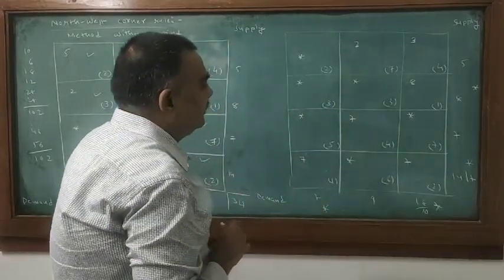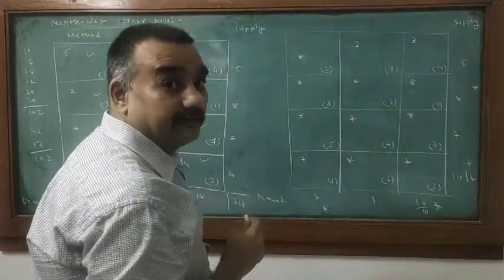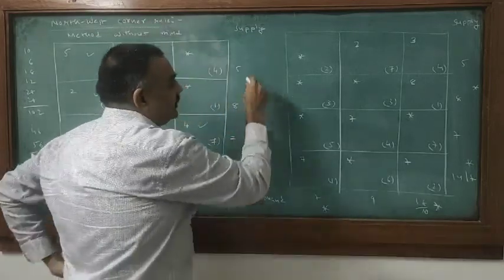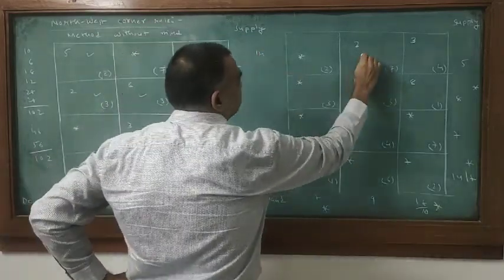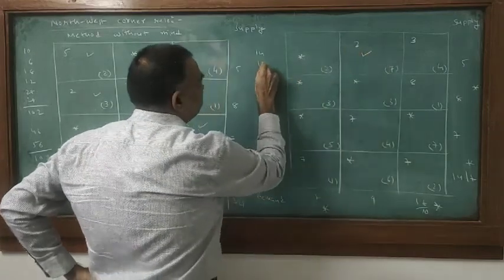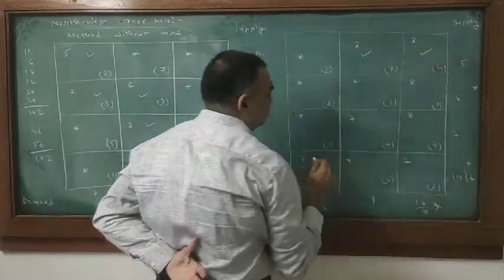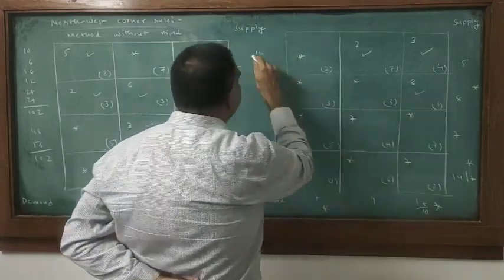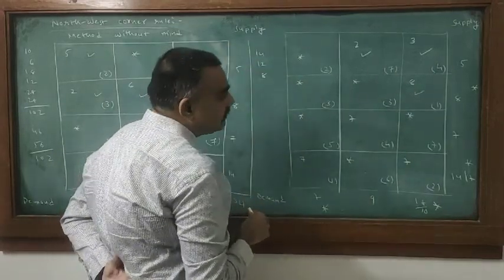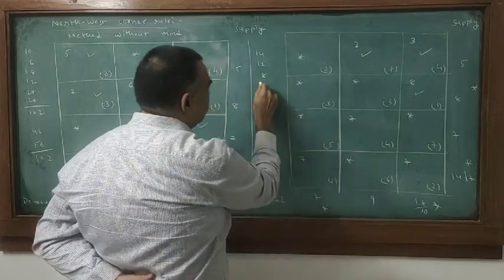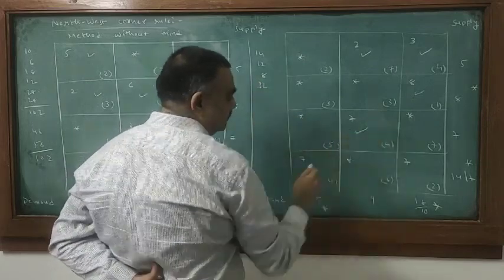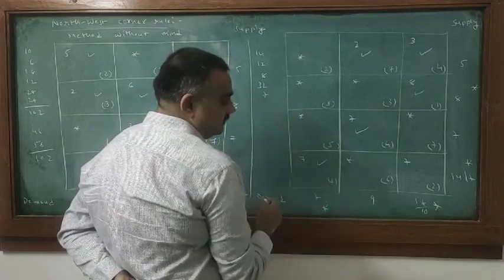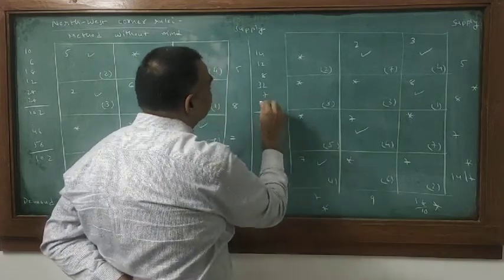Now supply and demand is satisfied. Yes, supply and demand are satisfied, and therefore the cost of transportation is 14 plus 12 done, plus 8 done, 32 done, 7 done and 40.